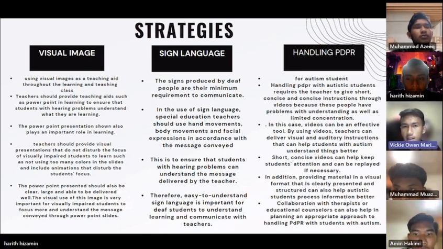And lastly, handling PDPR. This is for autism students. Handling PDPR with autistic students requires the teacher to give short, concise instruction through videos because these students have problems with understanding as well as limited concentration.